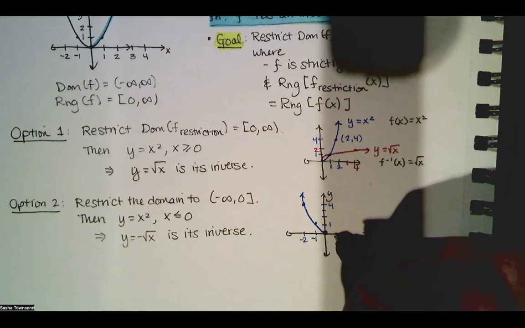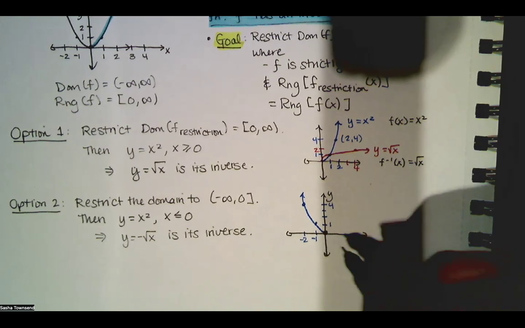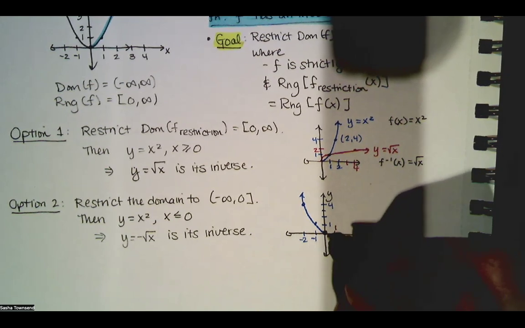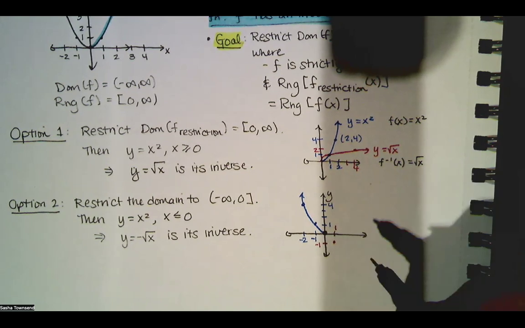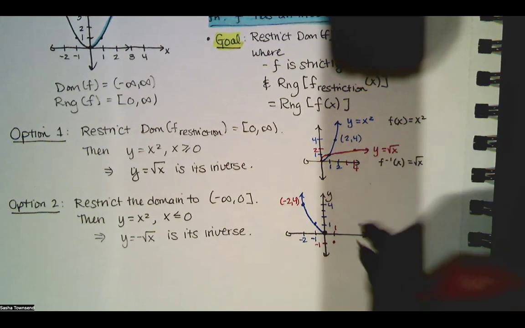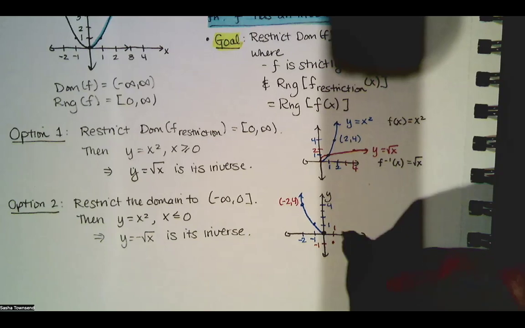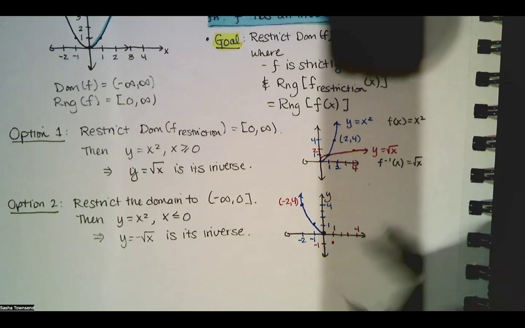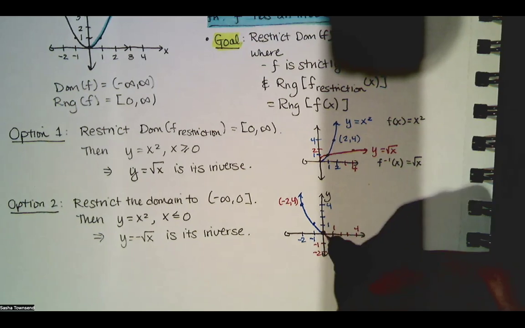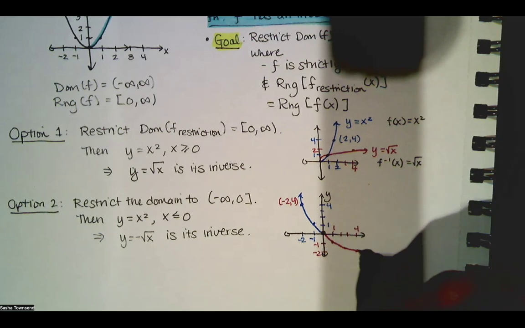So then when we switch the roles of x and y, instead of having x equal to -1 and y equal to 1, we're going to have x equal to 1 and y equal to -1. So we're just sort of flipping that. Here we've got x equals -2, y equals 4 on the graph. If we switch the roles of x and y, we'll have x equals 4 and y equals -2 on the graph. And so we'll end up with that negative square root function.